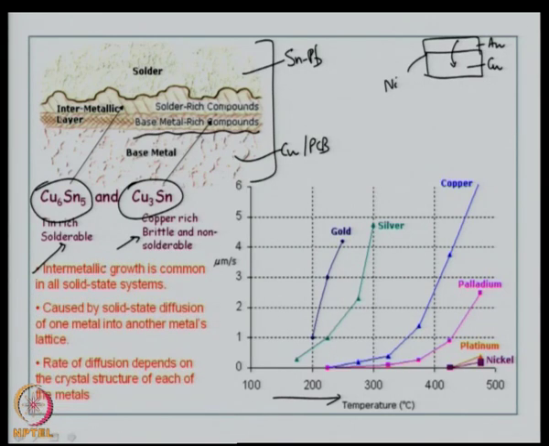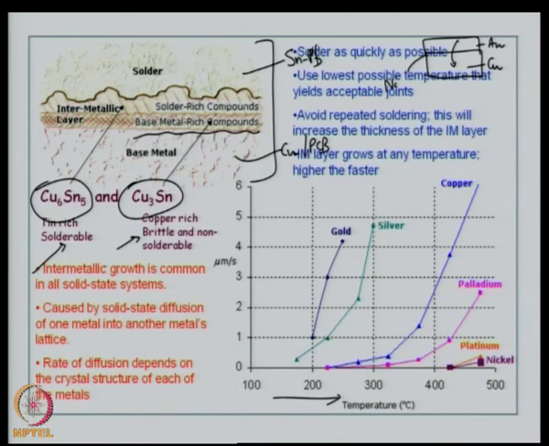Intermetallic growth is common in all solid state systems. It is caused by solid state diffusion of one metal into another metal's lattice structure. The rate of diffusion depends on the crystal structure of each of the metals. Therefore, you have to solder as quickly as possible, use the lowest possible temperature that yields acceptable joints, and avoid repeated soldering.